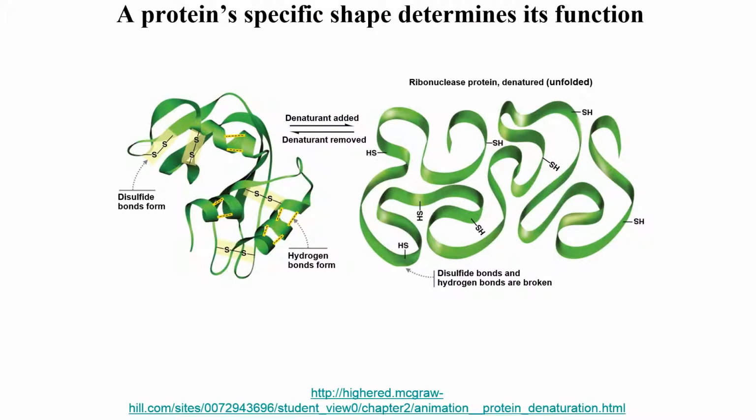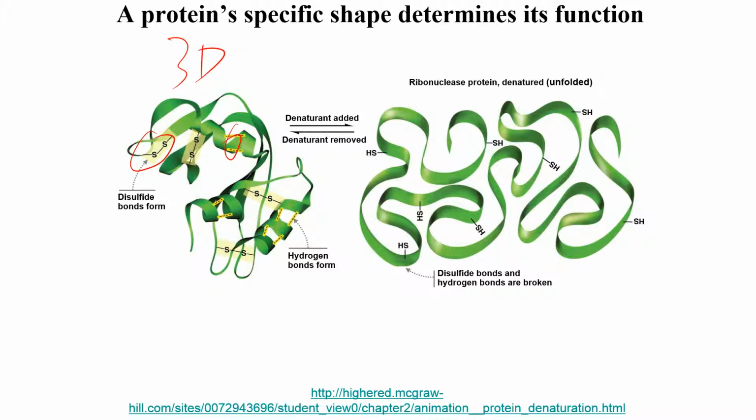Alright, so here you're being shown an image of a protein that has its normal three-dimensional shape. So you can see the disulfide bonds and the hydrogen bonds that are holding together this protein in its 3D shape. Now, let's say you add a denaturant, a chemical.